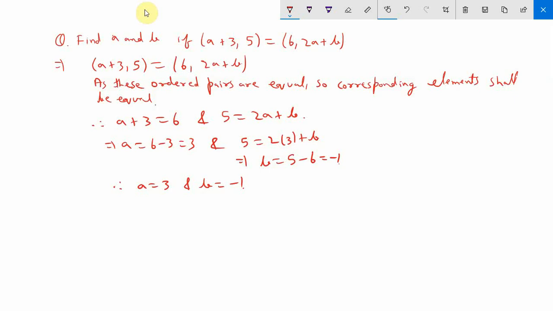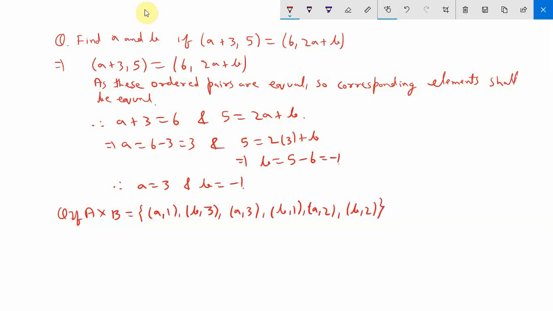Okay. So we may consider this problem. Suppose A into B is given as {(a,1), (b,3), (a,3), (b,1), (a,2), (b,2)}.